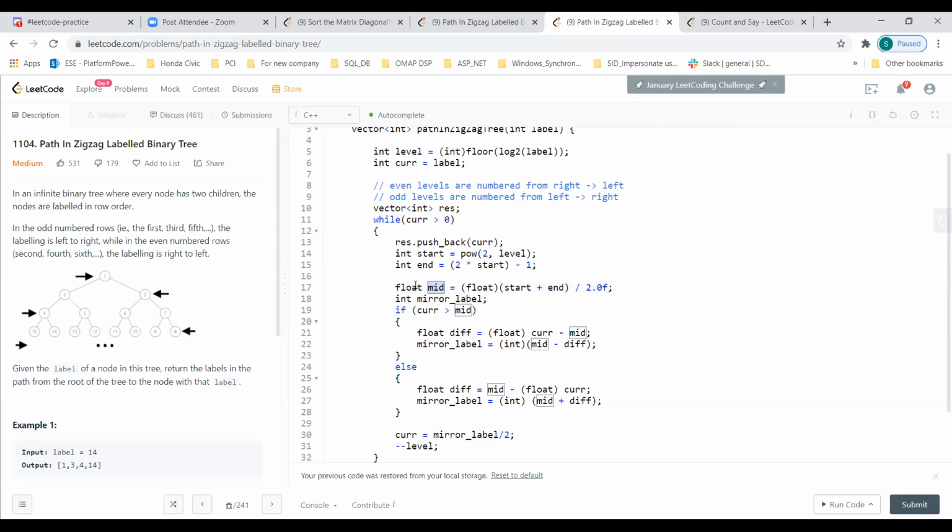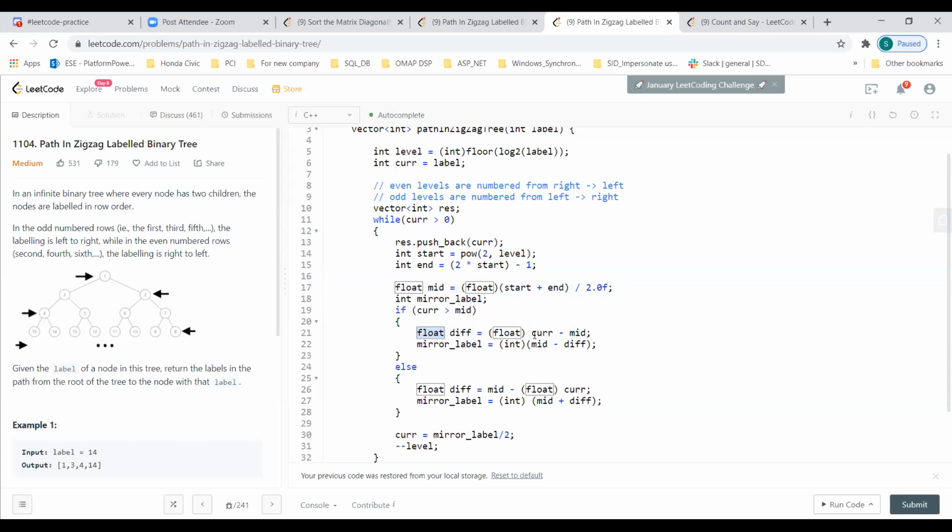If I was trying to convert this into an integer value and do all that, it was messing everything. At least some corner case it was messing up. So if you do this float of this mid, and then you take a difference, that also you have to take in a mid float.